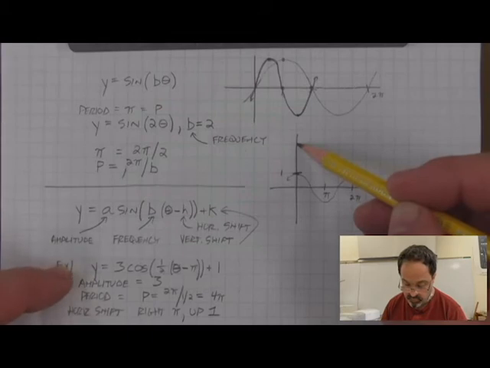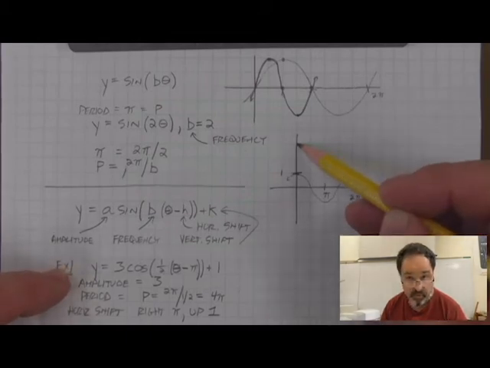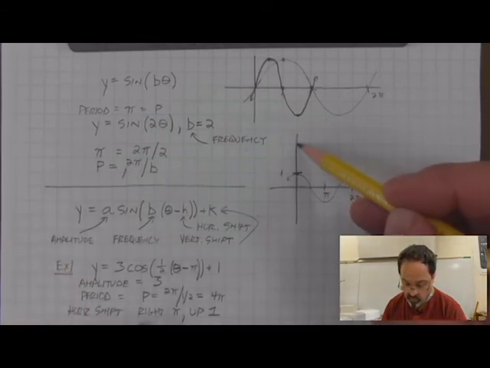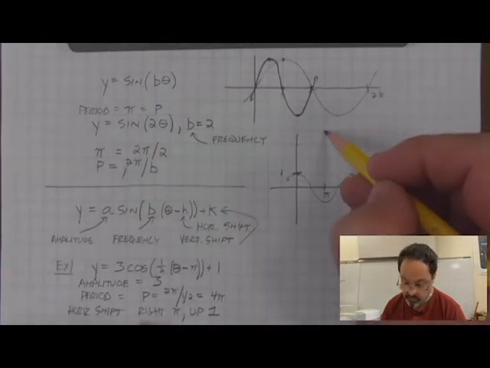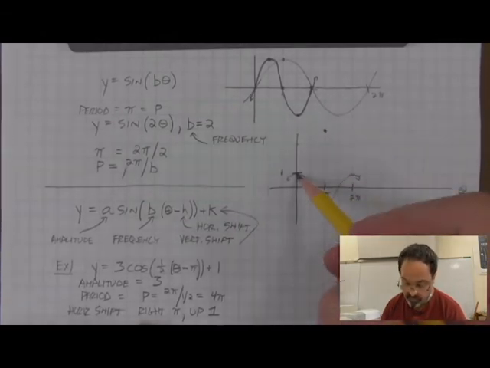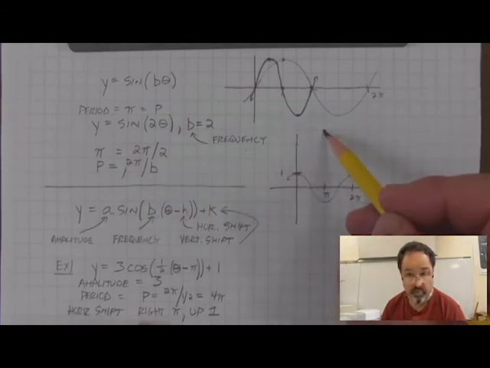The horizontal dilation is not going to affect a point that has no horizontal magnitude. But then I must go right by pi and up 1. The location of this point has been transformed to become this location.